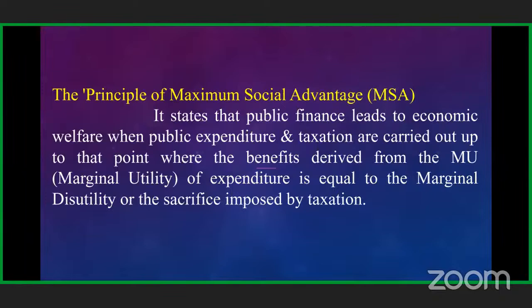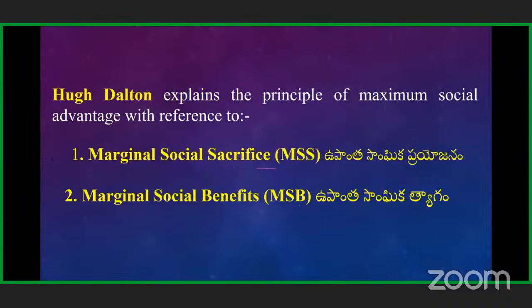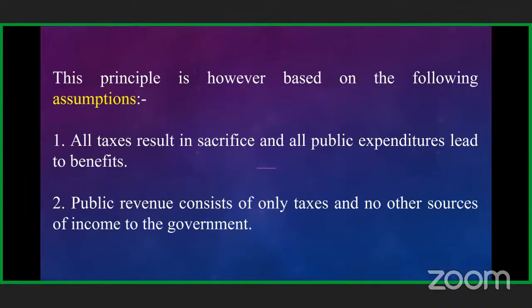Where these two curves intersect each other, there marginal social benefit and marginal social sacrifice both are equal. At this point, the economic welfare or social advantage in the country will be maximum. So, with these two concepts, Dalton explained this principle: marginal social sacrifice, MSS, and marginal social benefit, MSB.